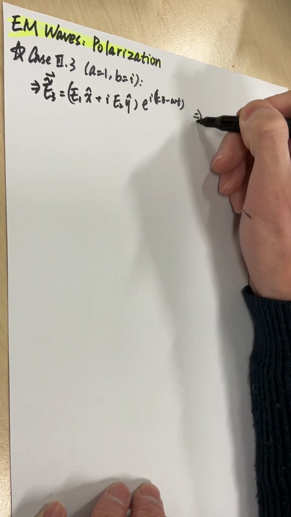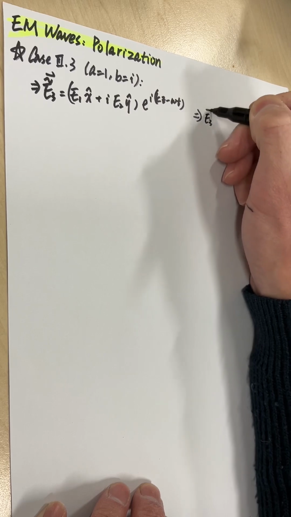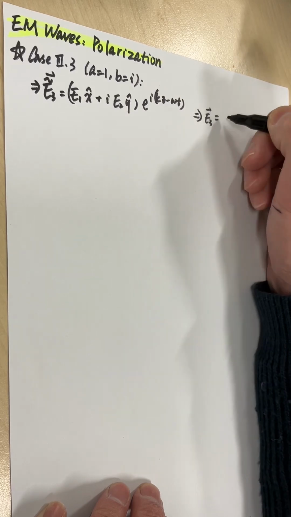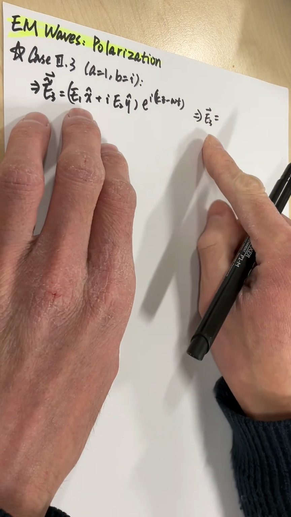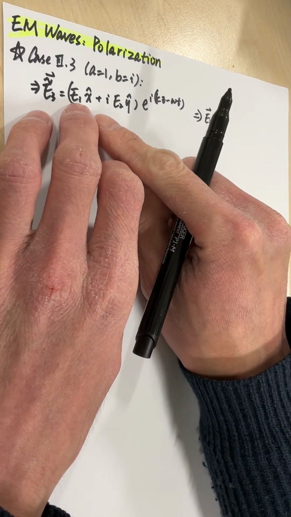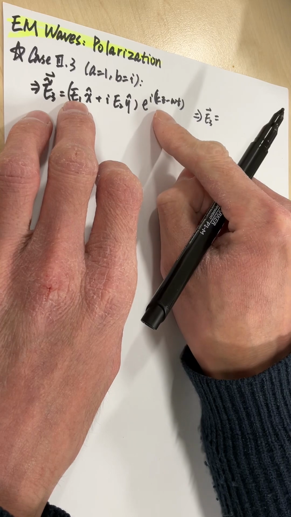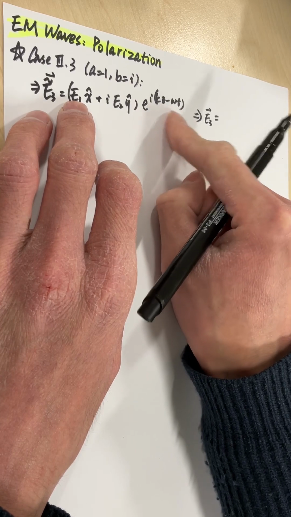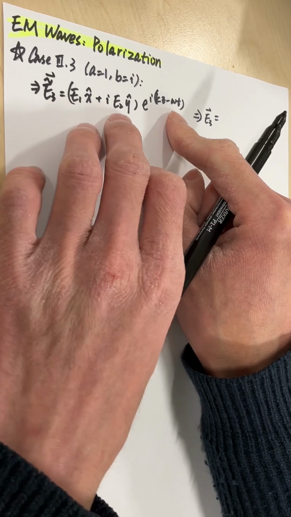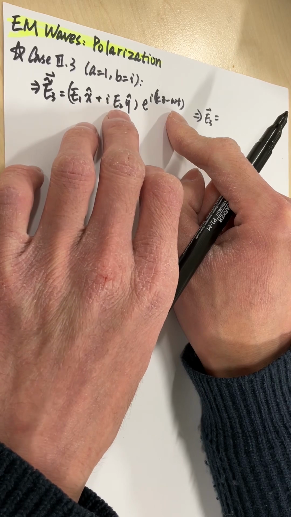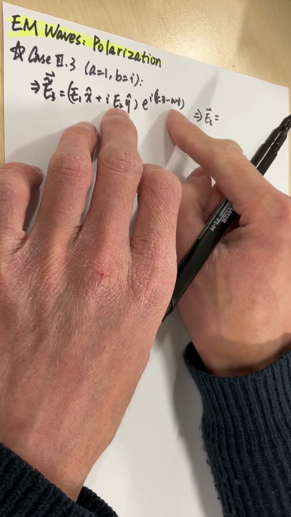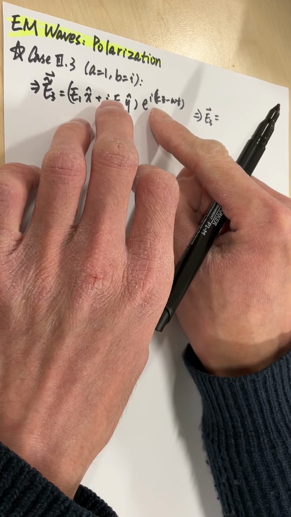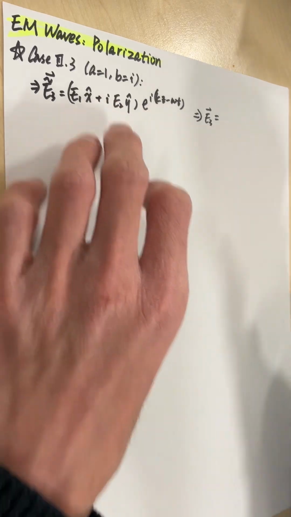So now for the real part, we have E3 equals, so only the real part. Here in the x direction we have the real part, so E1 will multiply the cosine part of this complex function. And here we have the imaginary part, so this must multiply the imaginary part of this function, and also I multiply i gives us minus 1.